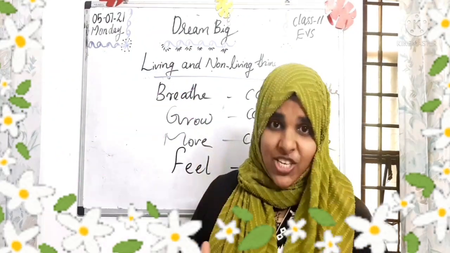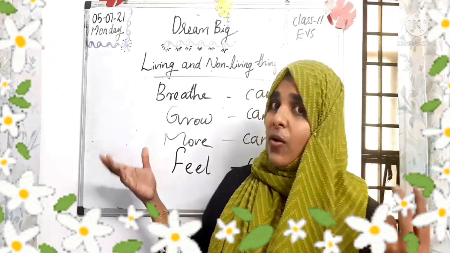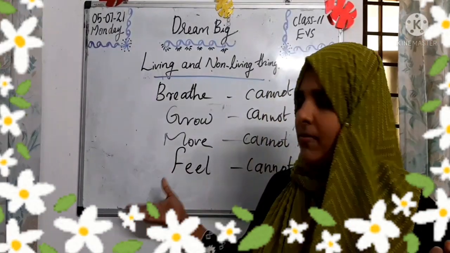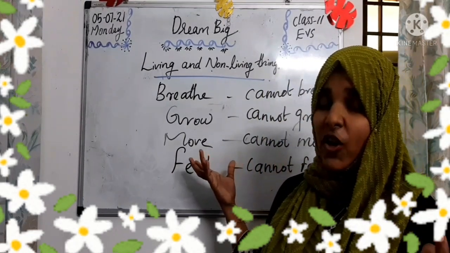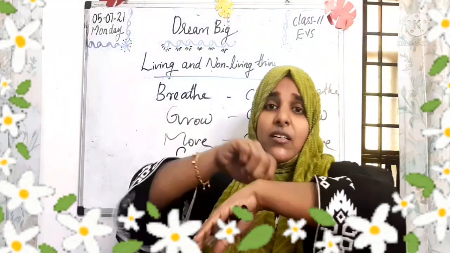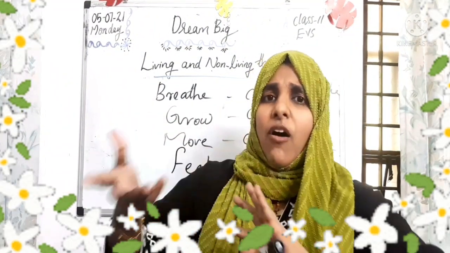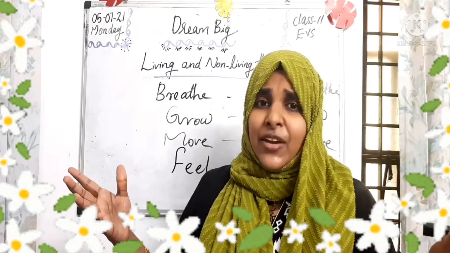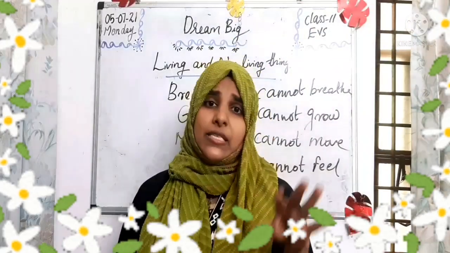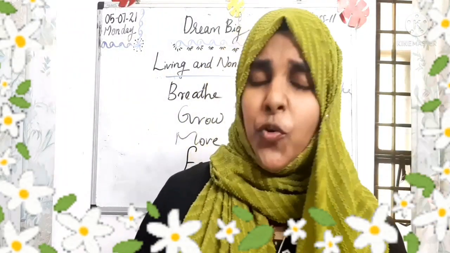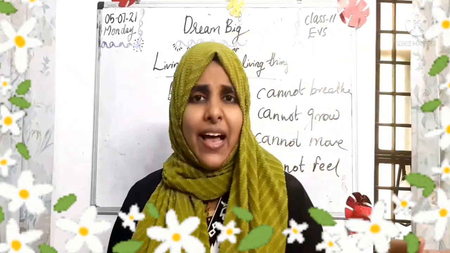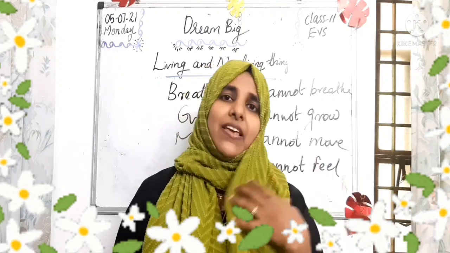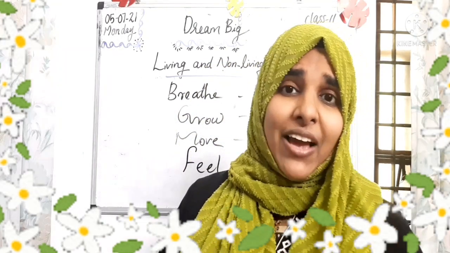So from this session, we can understand living things can feel and non-living things cannot feel. When we hurt anyone or any living thing, maybe they cry or they can feel it. Hence we should not hurt other human beings, plants or animals, whatever it is, because living things can feel.